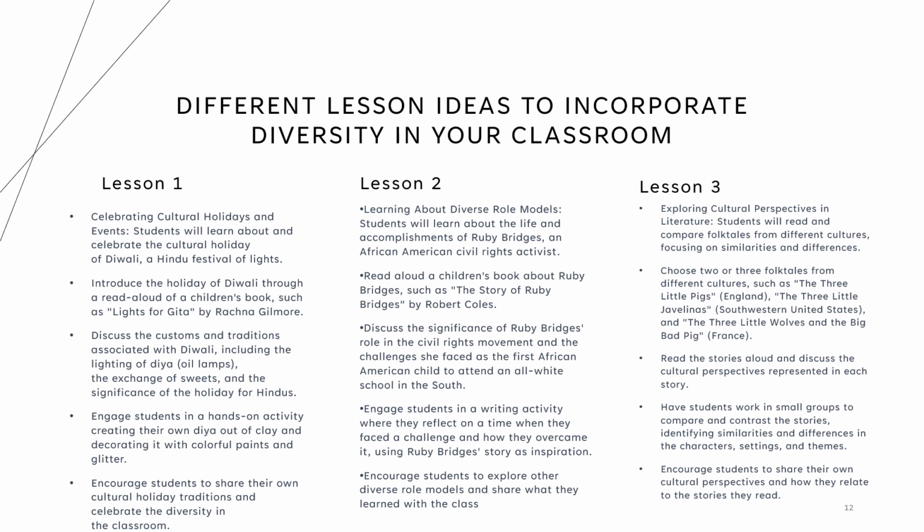We're going to read the stories out loud, discuss the cultural perspectives represented in each story, and then break them into small groups and have them contrast the similarities and differences in the stories, along with the characters, settings, and themes. And then we're going to encourage them to share their own perspectives and what they thought about the assignment.